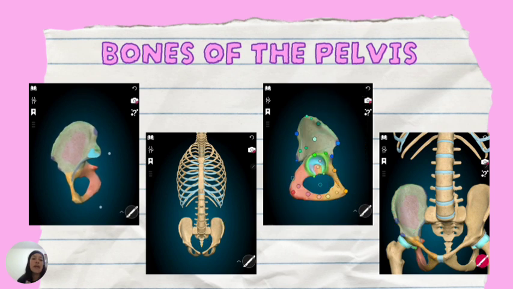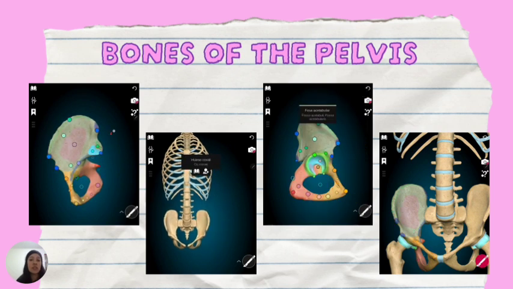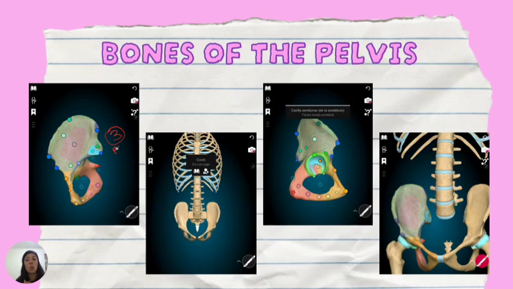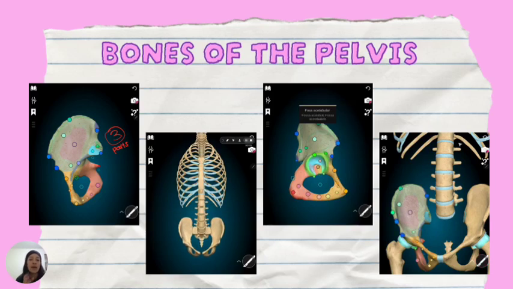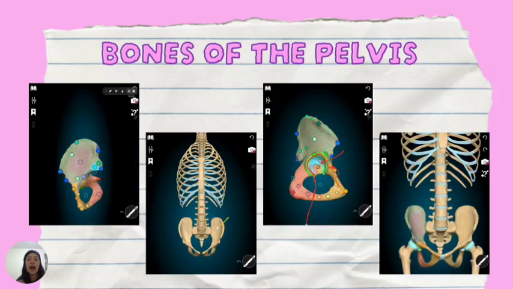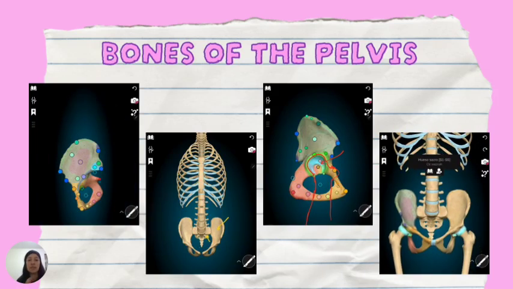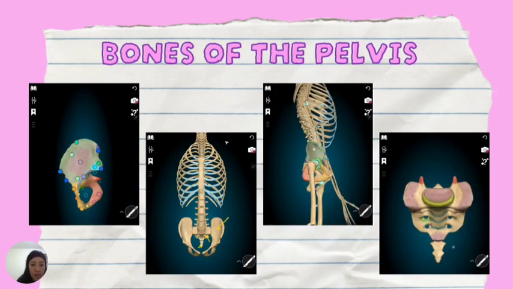Then we have the ischium, which bears the body weight when we are sitting, so it supports our weight when we sit in different places. And the pubis is the anterior portion and contributes to the pubic symphysis that we can see.